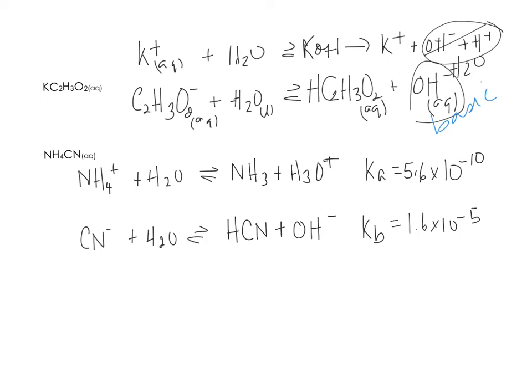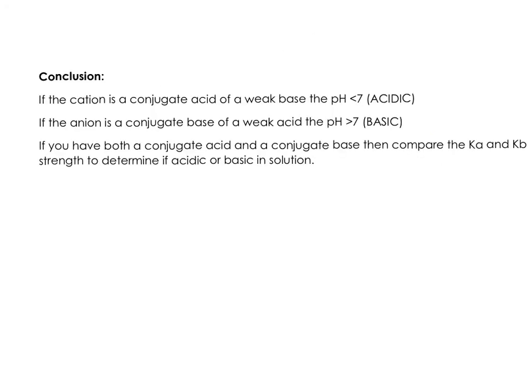So the Kb value is greater than the Ka value, so a solution of ammonium cyanide would actually be basic, because you would make more hydroxide than hydronium ions. So in conclusion, if the cation is a conjugate acid of a weak base, the pH is less than 7. If the anion is a conjugate base of a weak acid, the pH is greater than 7. And if you have both a conjugate acid and a conjugate base, then you compare the Ka and Kb strength to determine if it is acidic or basic in solution.